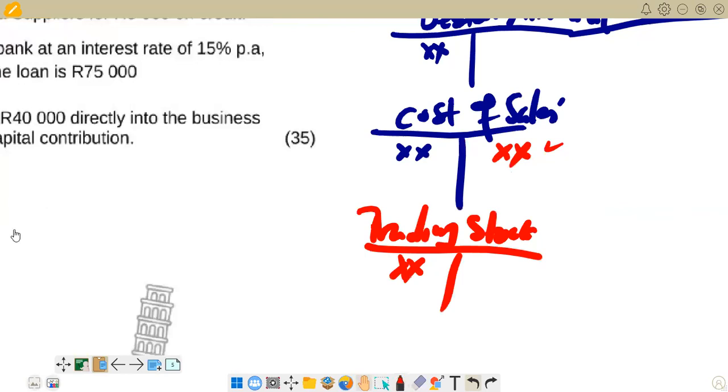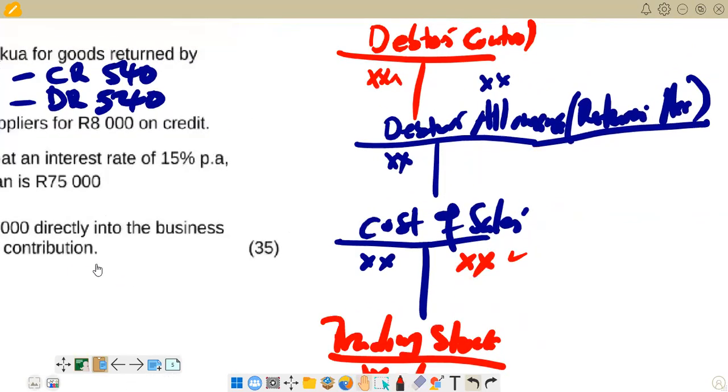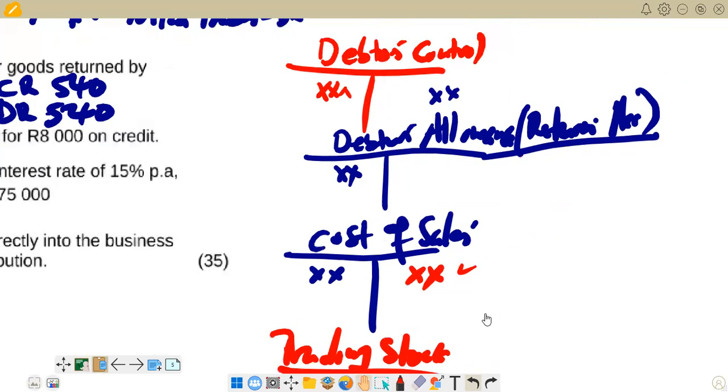The first two accounts that we are going to have are debtors control and debtors allowance.